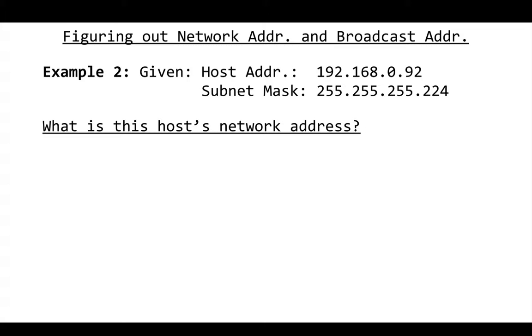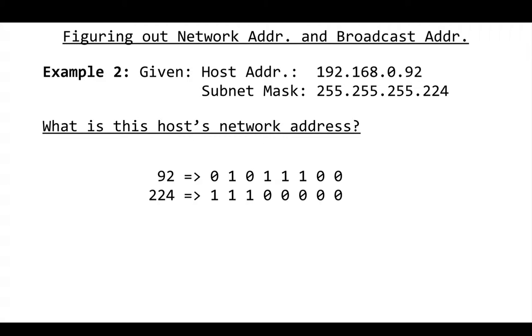So what happens is, to first talk about the network address, the 192.168.0 is just going to come down because we're ANDing that with 255s. So in that third octet, we have an IP address that has 92, and we have a subnet mask of 224. So that is going to be the division point as far as the network portion and the host portion of the address.